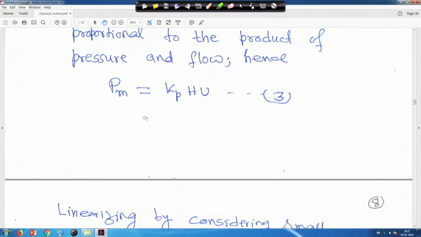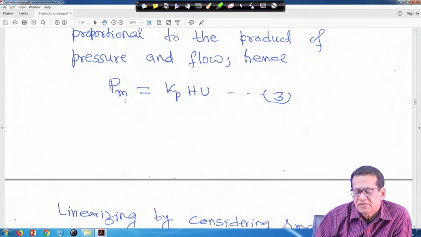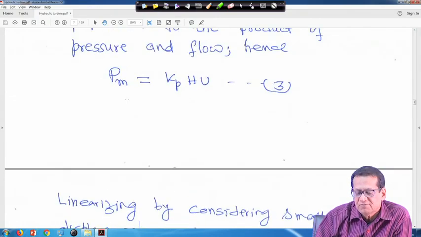This one also same as before you can write, delta P m is equal to K p into delta H into U plus K p into delta U into H, right. So, same way you can make it, and then you can normalize it.